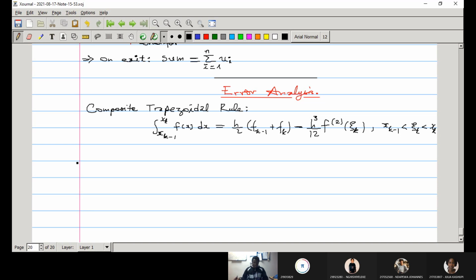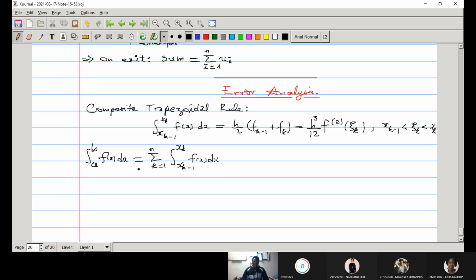Okay, so now for our trapezoidal rule, we know that the integral, we split our integral. If we integrate from a to b, we know that this will be equal to the sum from 1 to n of the integral from x sub k minus 1 to x sub k of f(x) dx.